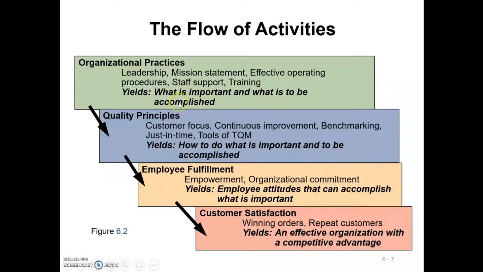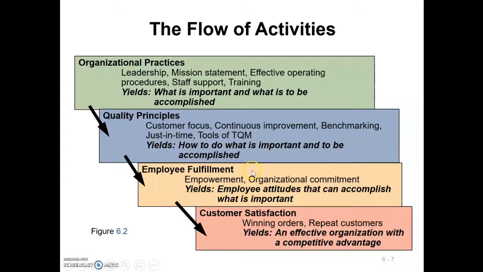Then these issues under organizational practices will support what we say quality principles. So these are the things that we focus on how to do, what is important, and to be accomplished. So we do this through customer focus, continuous improvement, benchmarking, just-in-time, tools of TQM.